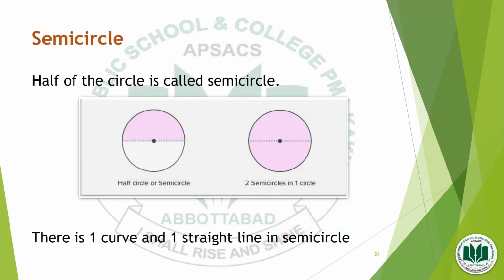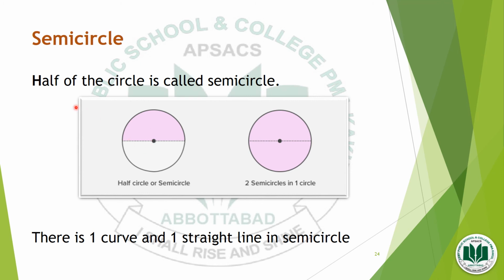Semicircle. What is a semicircle? This is a circle. If you divide this circle into two equal parts, then each part is called a semicircle. This is a semicircle and this one is also a semicircle.